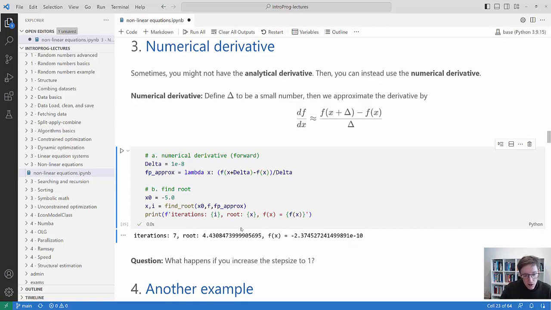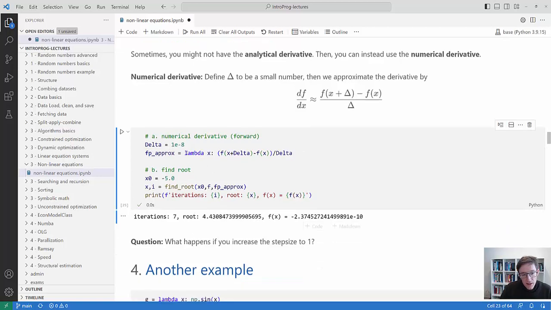Now you might wonder what happens if we change this step size. Here I could try to set the step size to 1. So let's see what happens if I do that. It actually still converges, but it takes a lot more iterations because this is imprecise. If we choose something in between, then it might be okay.